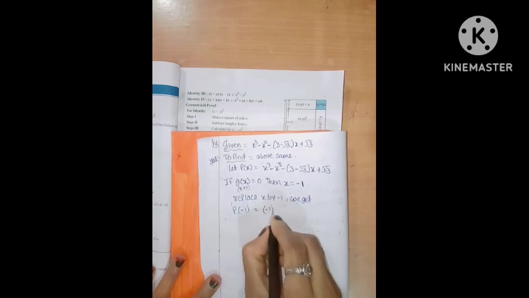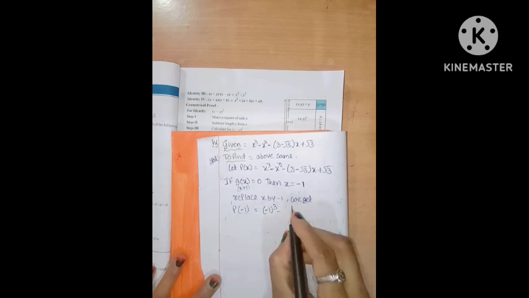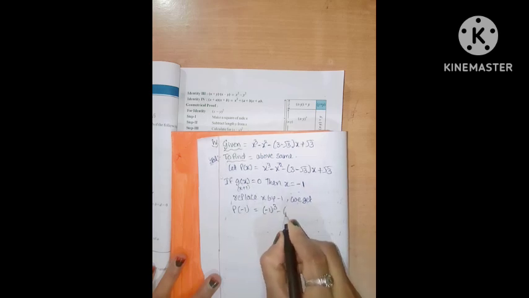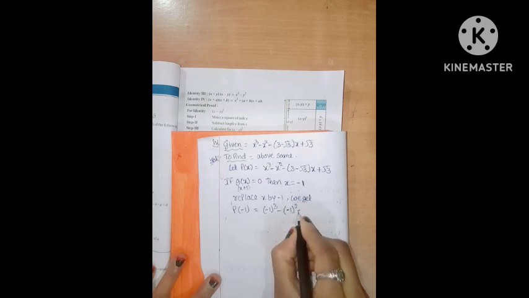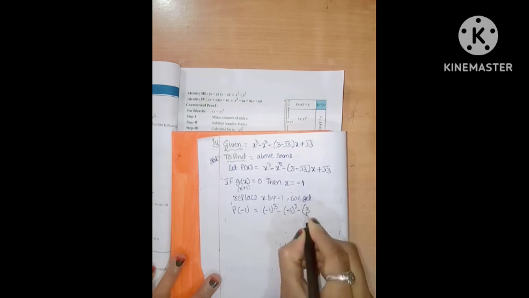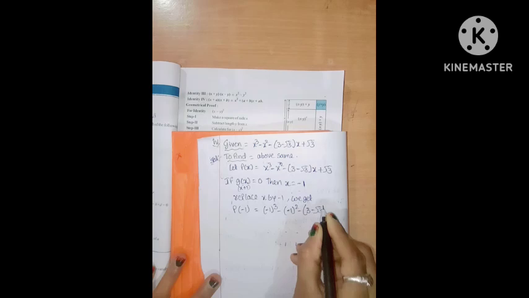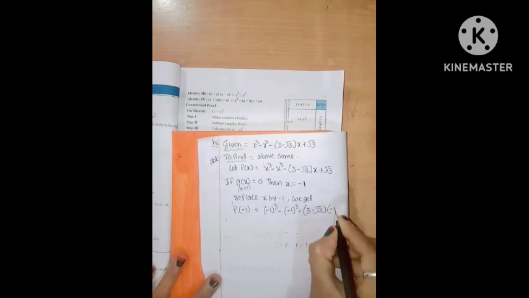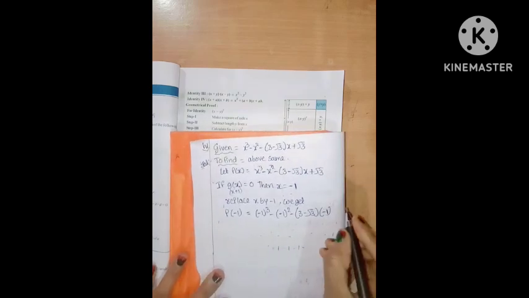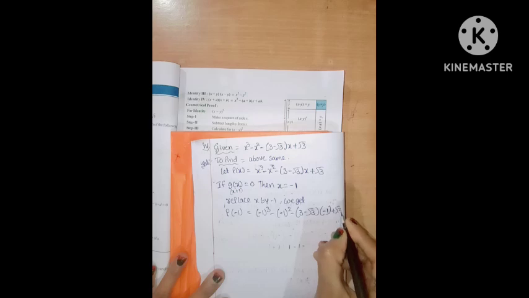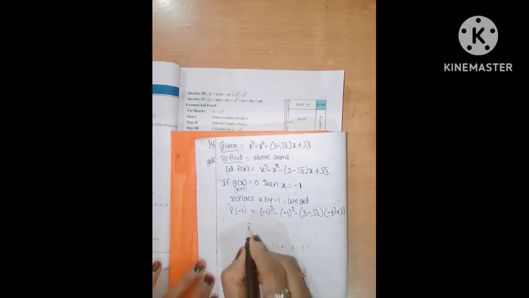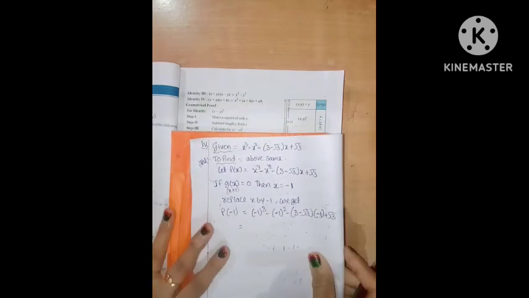What answer will we get? Minus 1 whole cube minus x square, x square is minus 1 square, minus bracket of 3 minus root 3 into x, x is minus 1, plus root 3.